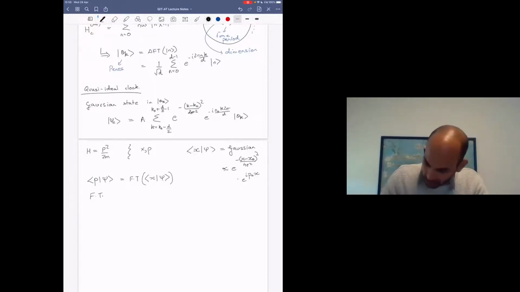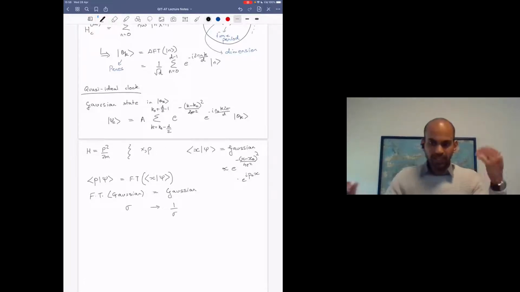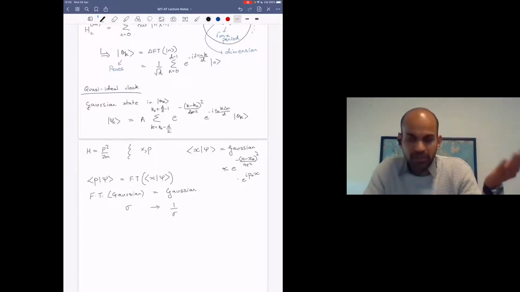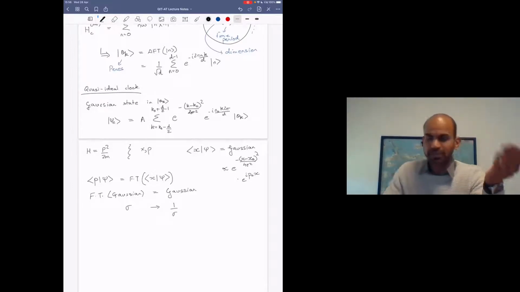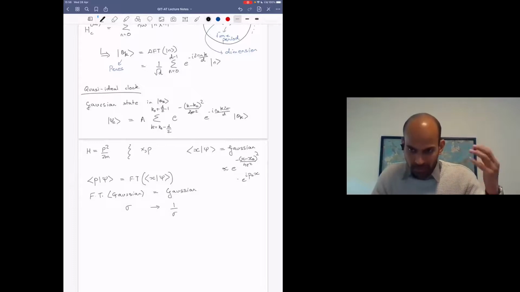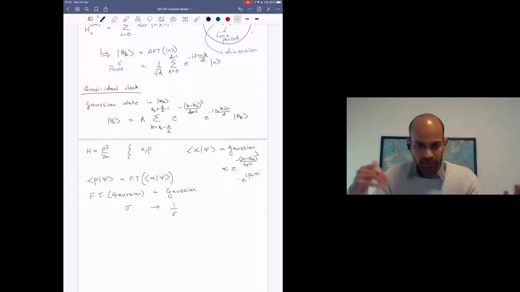In particular, the Fourier transform of a Gaussian is also a Gaussian in the other basis. It's just that the variance sigma goes to 1 over sigma. So if we take a free particle and take its state to be a Gaussian in the x basis, we find that if we look at it in the momentum basis, our wave function with respect to momentum is also a Gaussian. It's just that the variance in the momentum basis is 1 over sigma.